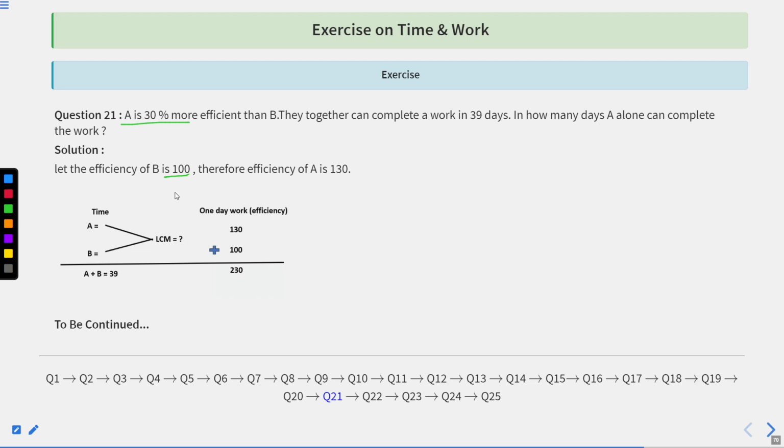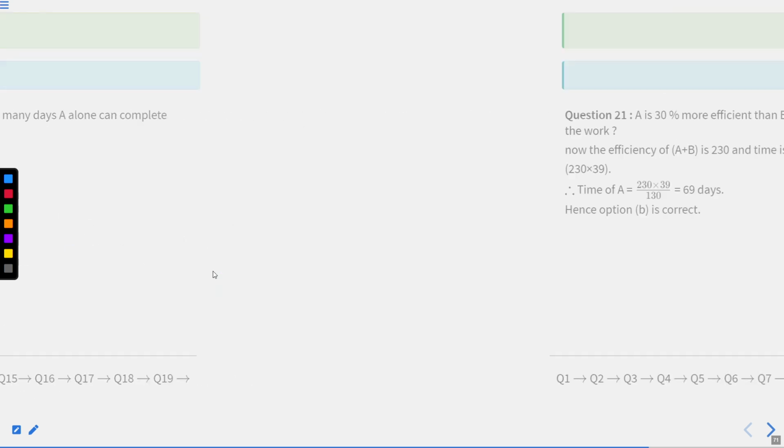So if B does 100 units of work in a single day, then A will do 30% more, that is 30 units more work. So the efficiency of A is 130. The time taken by A is unknown, the time taken by B is unknown, but combined they do it in 39 days. The 1 day work efficiency of A is 130, of B is 100, so the combined efficiency is 230.